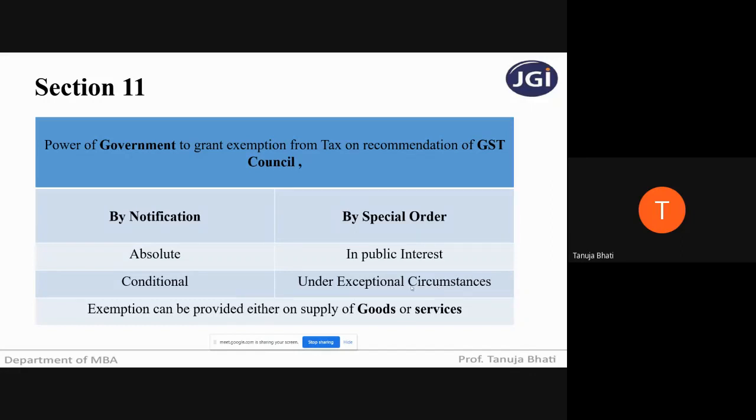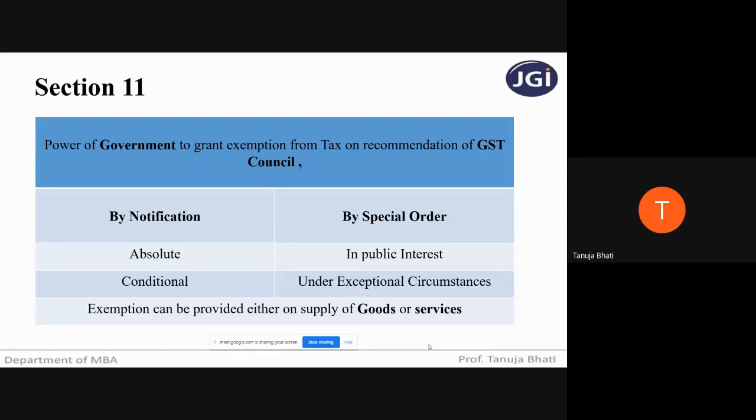Now let me give you an example for this. Many a times what happens is the government is in an emergency situation. Suppose there are floods in Kerala, so it is an emergency situation, and government cannot wait for issuing the notification. So government will give an exemption by a special order that in the state of Kerala there will be no GST levied on notified goods or services.